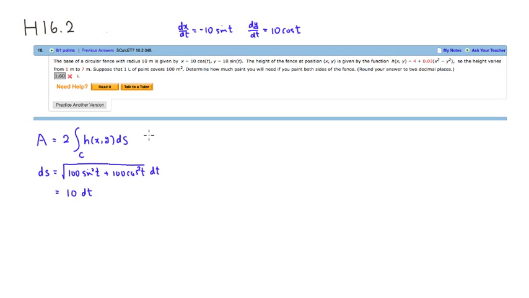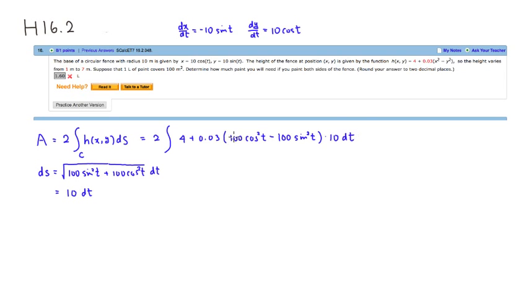So this can be rewritten, we have a 2 here, then here's an integral. h of x comma y would be 4 plus 0.03 times x squared, which is 10 squared, so 100 cosine squared of t, minus y squared, which would be 100 sine squared of t. Then the arc length element is 10 dt.